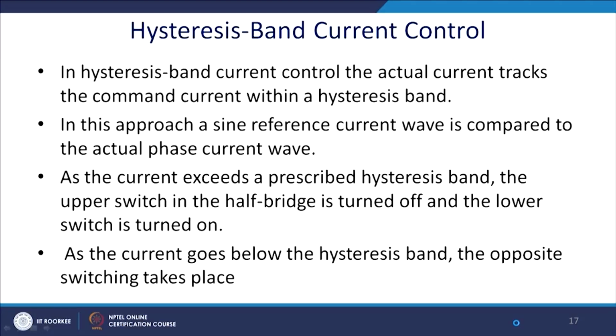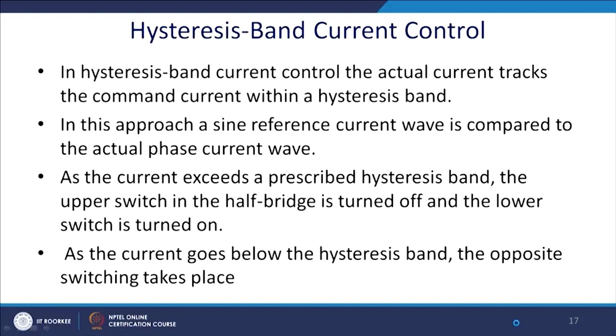In hysteresis band current control, the actual current tracks the command within the hysteresis band, which I have just shown a few slides ago. In this approach, the sine or other reference of the current is compared to the actual phase current.